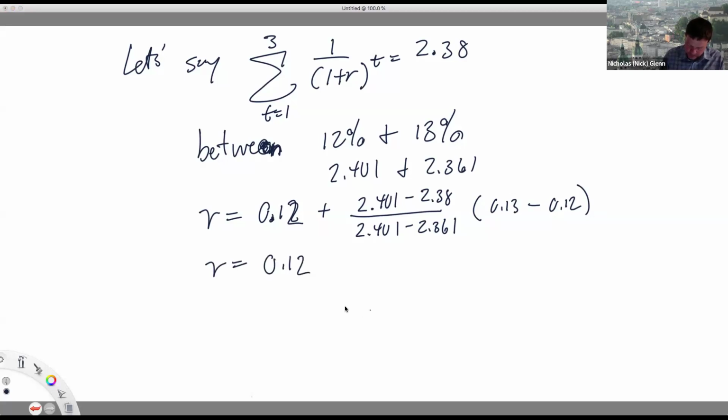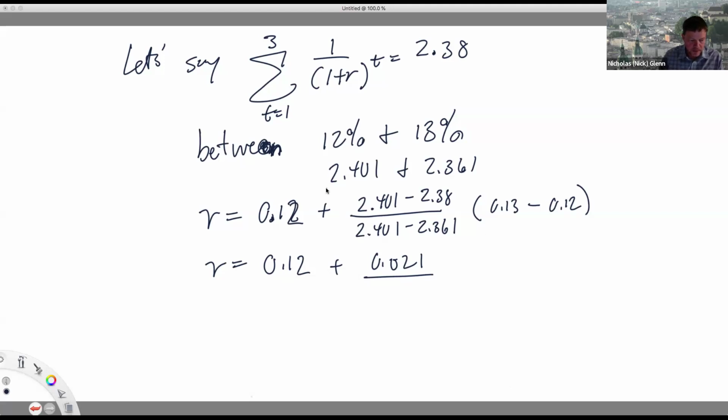So what is this? It's 0.12 plus how far away is this 2.38 from 2.401? Well, it's 0.021. Okay. Well, we want this in percentage form.